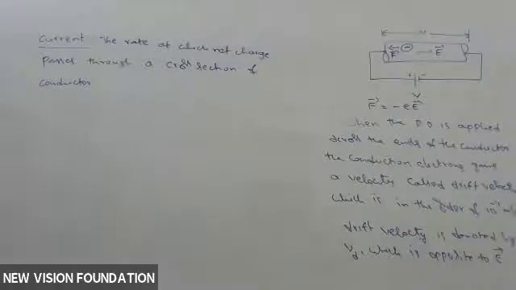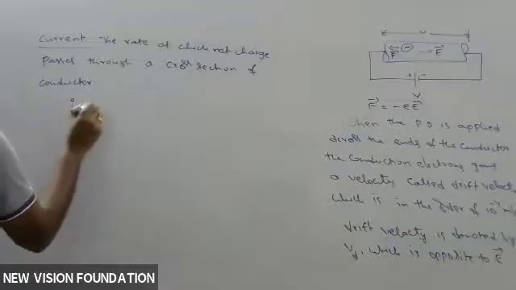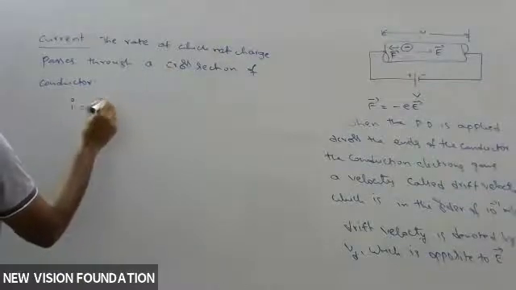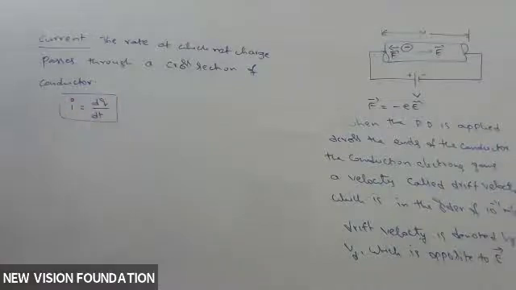Okay, so it is denoted by I. Current is denoted by I. This is rate of flow of charge. That is dq by dt. I is equal to dq by dt. Rate of flow of charge.